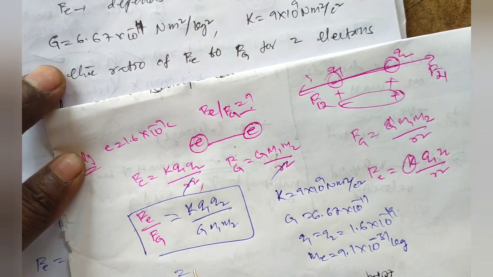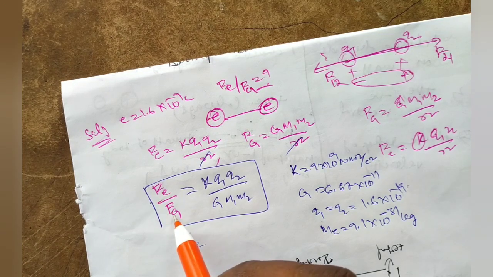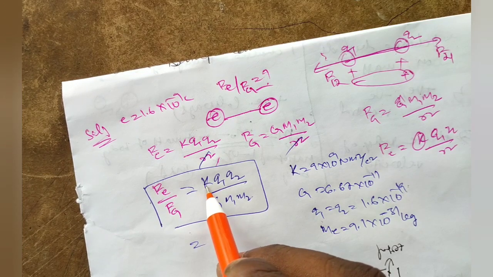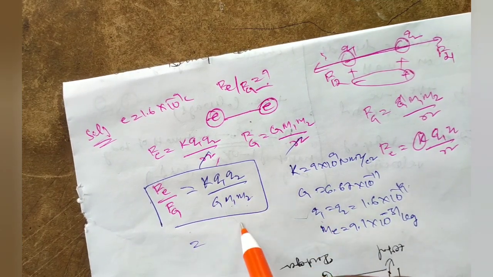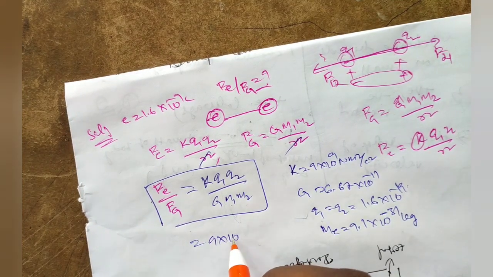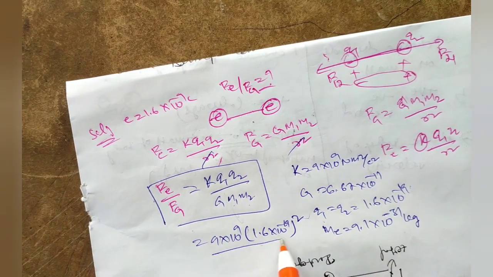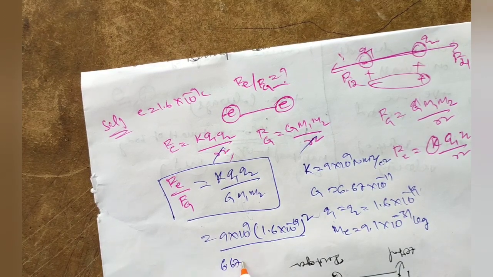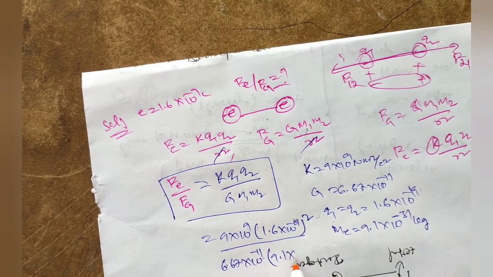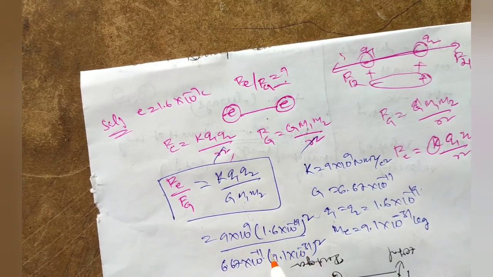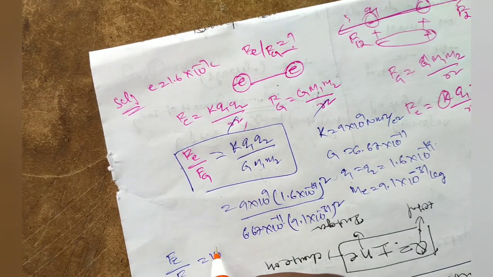Substituting these values into the ratio of the electrostatic force and gravitational force, we get k value 9 into 10 to the power of 9, times 1.6 into 10 to the power of minus 19 coulomb squared, divided by G value 6.67 into 10 to the power of minus 11 times 9.1 into 10 to the power of minus 31 kg squared. After simplifying, we get the ratio Fe by Fg equal to 10 to the power of 42.